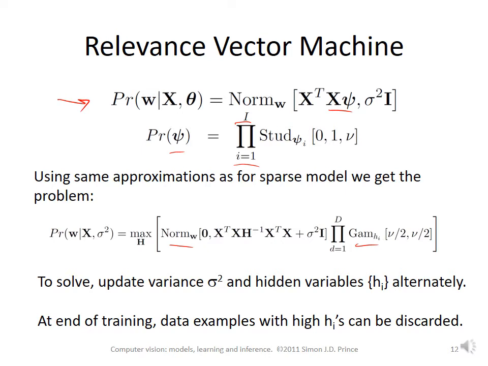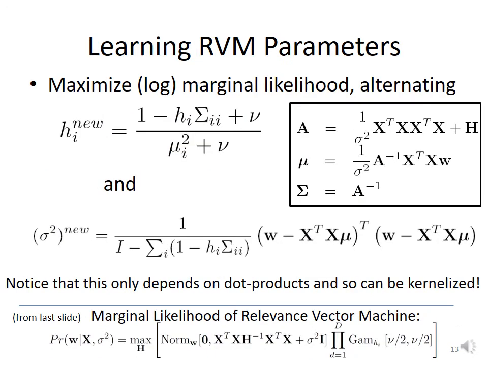We still are going to have to iterate, as we did previously, doing expectation maximization between updating our hidden model parameters h and our estimates of our weights psi. So when we're learning the relevance vector machine parameters, we can update our h elements this way, and we can update our variance parameters this way. Now, it looks slightly intimidating, but actually we've seen this before.